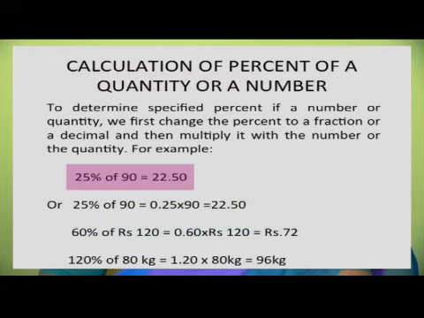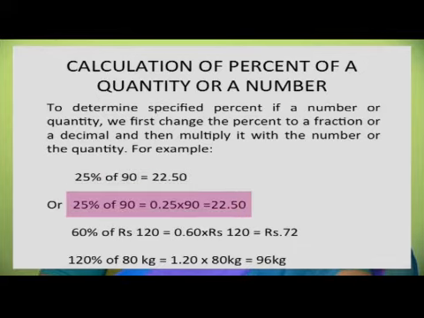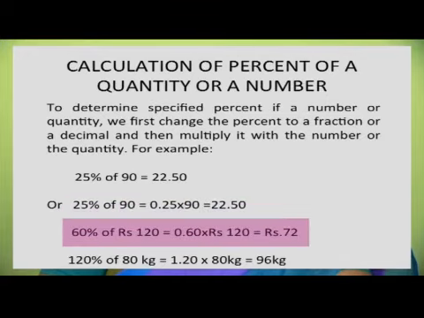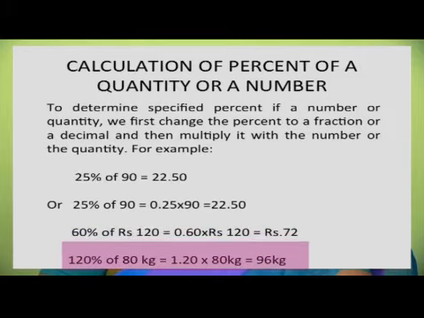For example, 25% of 90 is equal to 0.25 × 90, which is equal to 22.50. In the same way, 60% of rupees 120 may be written as 0.60 × rupees 120, which is equal to rupees 72. Similarly, 120% of 80 kg is equal to 1.20 × 80 kg, which is equal to 96 kg.